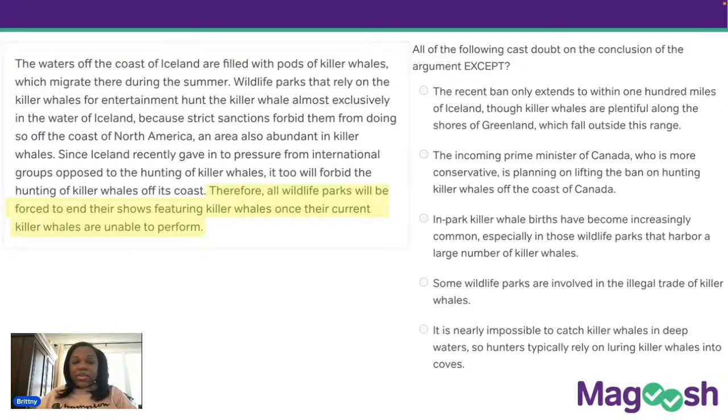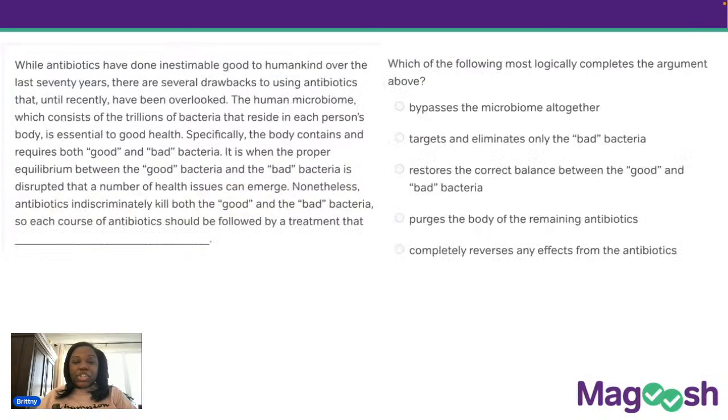All right, let's go to our next example question. So remember, our first step is to determine the question type. It says, which of the following most logically completes the argument above? So we are completing the argument, meaning there is no conclusion. We're looking to pull in the conclusion from our answer choices.